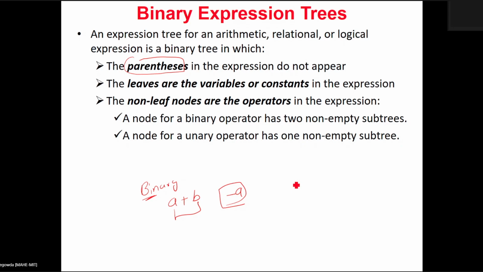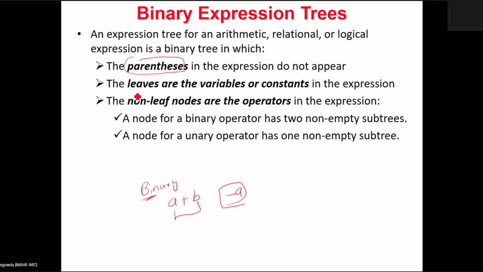When you use more and more parentheses, that leads to wastage of memory, because we need to store these parentheses in memory also. That is not an efficient method of expressing or storing the expression. So if you use the binary expression tree, parentheses in the expression do not appear, so we are able to eliminate these parentheses.